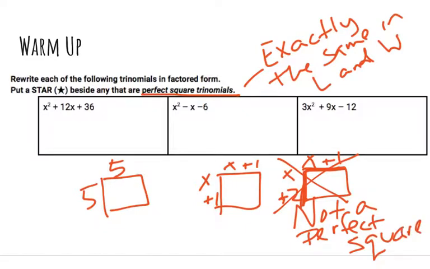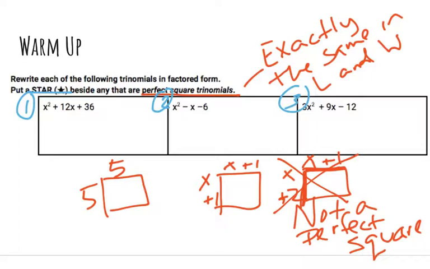Okay. So with that in mind, I look at these three, right? Let me just name them 1, 2, and 3. And they're just telling me put a star beside any of these three that are in fact perfect square trinomials.